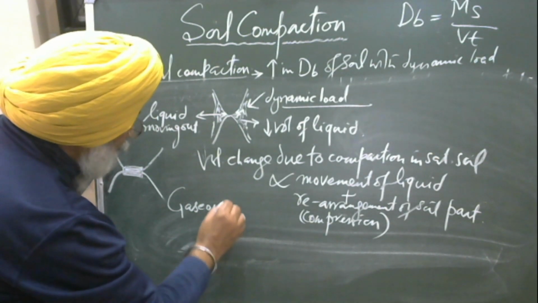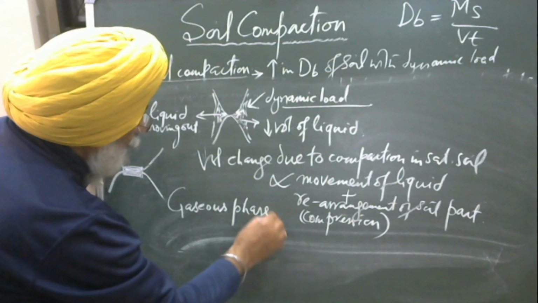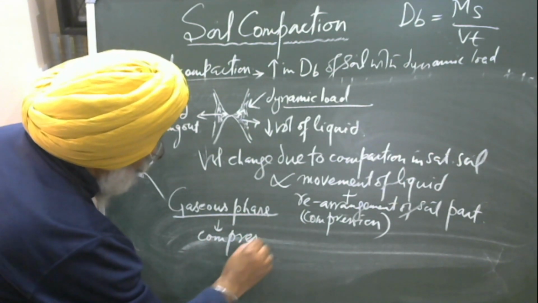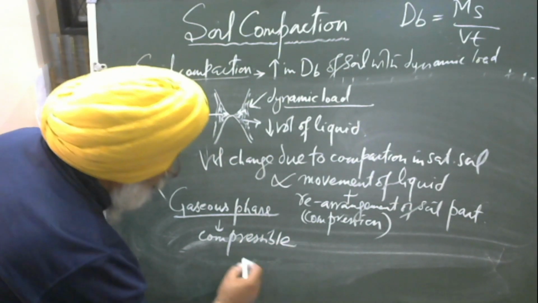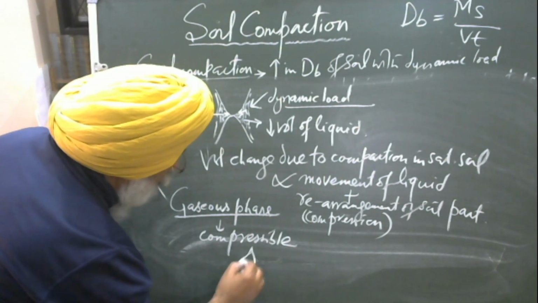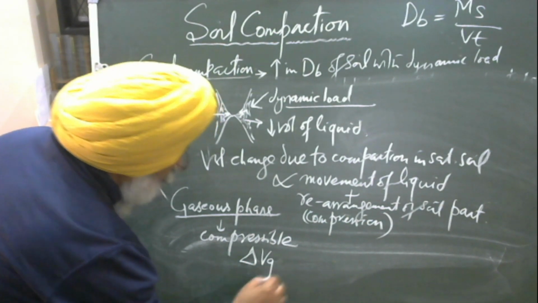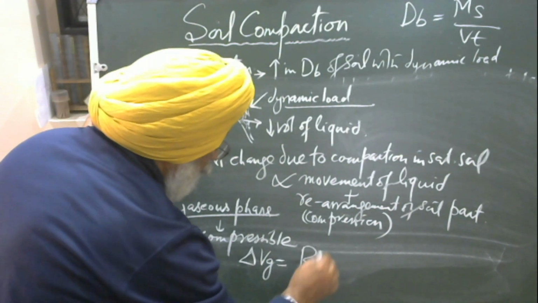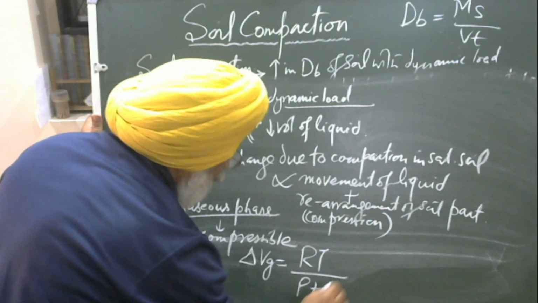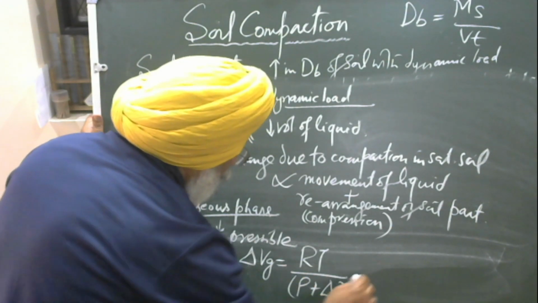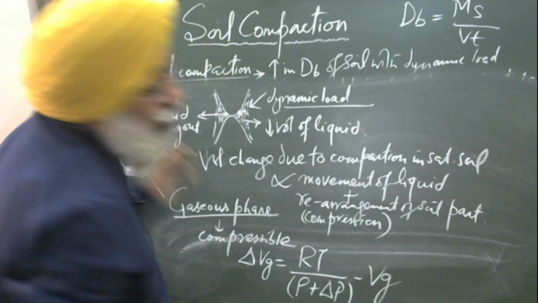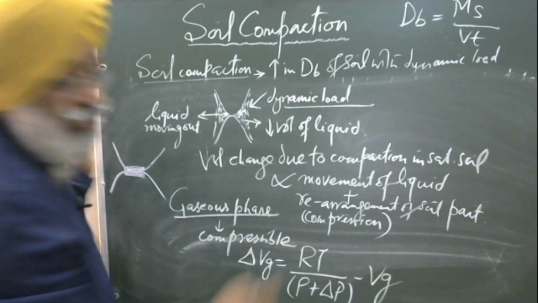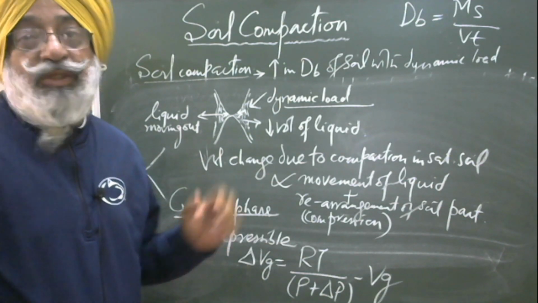The gaseous phase is compressible, and it follows simply the gas equation parameters. The change in the volume of gases will be equal to RT divided by (pressure plus additional change in pressure) minus the original volume of the gases. So this will be the change in volume of the air, because air is compressible.